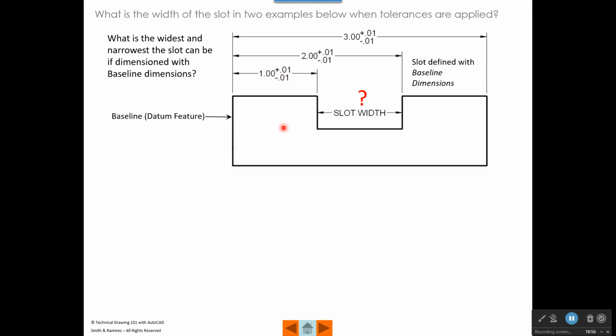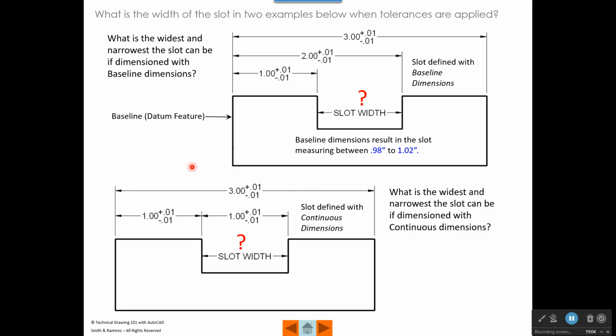So now let's compare that to continuous dimensions. When we do continuous dimensions, we still have a dimension of 1.00 plus or minus 0.01. So that moves this side of the slot plus or minus 1/100 of an inch. But wherever it lands, then we begin a new dimension. So the distance from this side of the slot here to this side, can never be wider than 1.01 or narrower than 0.99.